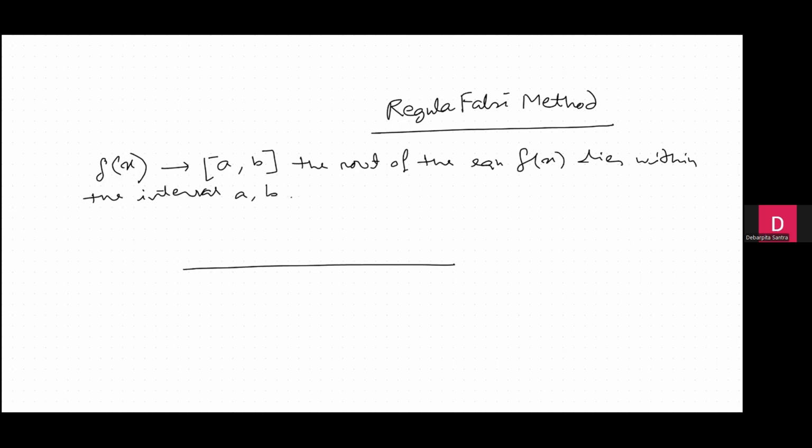If anybody has any confusion regarding the bisection method, please see my lecture on the bisection method. Suppose I am using a graphical solution. Sorry for the drawing. That is the x-axis, that is the y-axis. The nonlinear equation looks like this. Suppose the interval a is here and b is here.